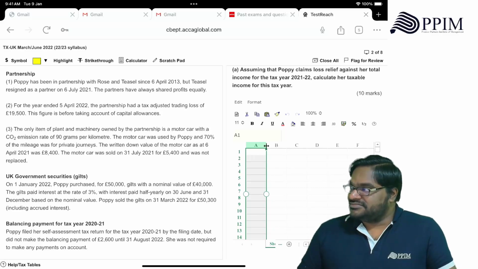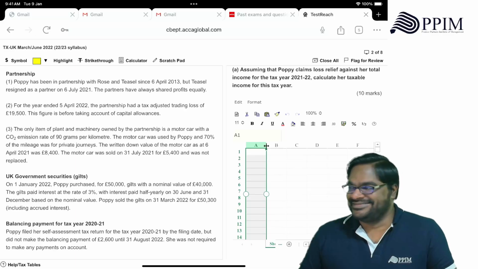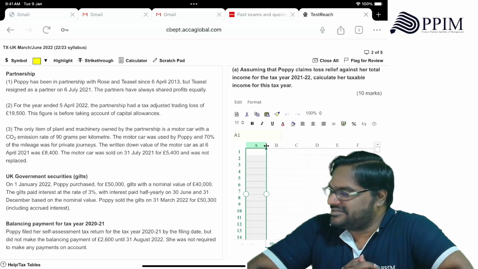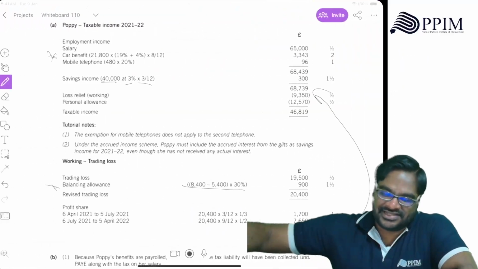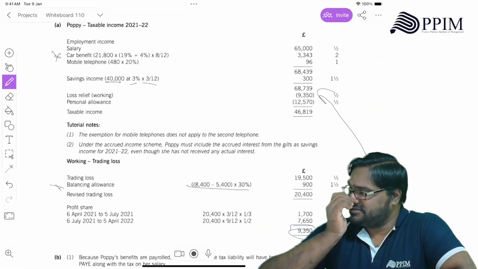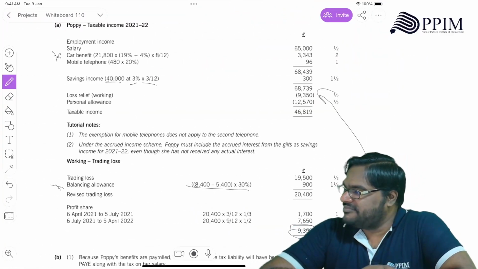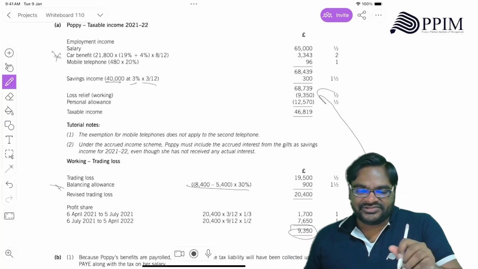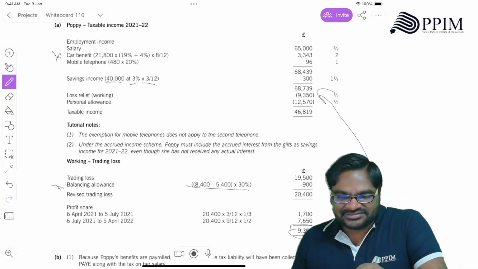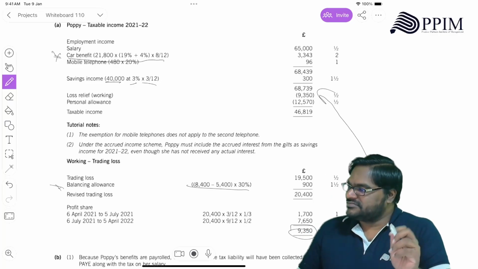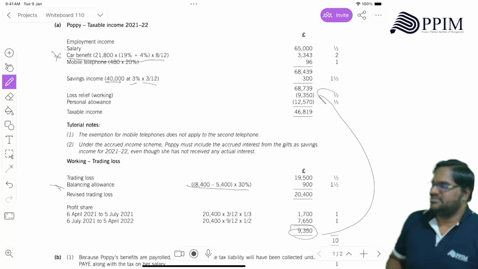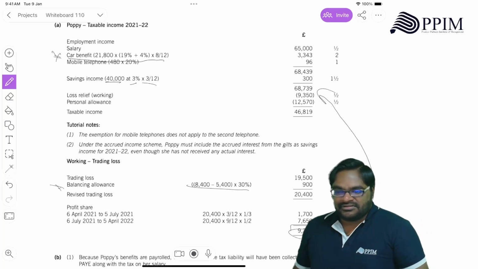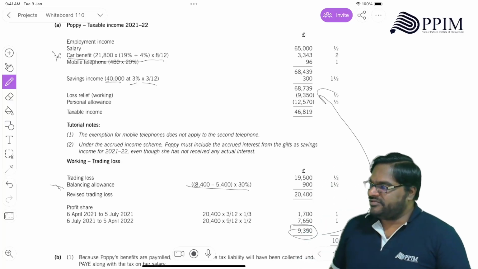Do you want a break? Wait, I have some questions here. Okay, one is to show the answer again. Okay, this is the answer. Nothing to do with the balance payment. The balancing allowance, I think, right? You are referring to the balancing allowance of the car? Balancing payment, you mean?